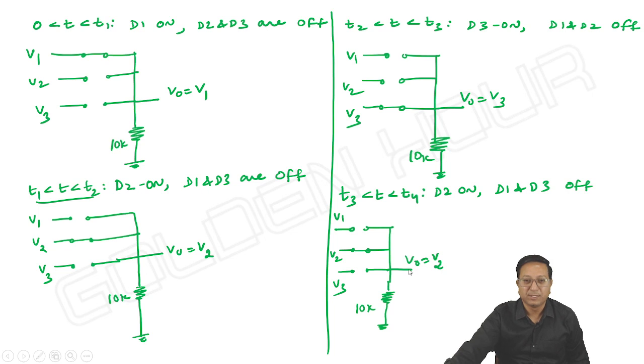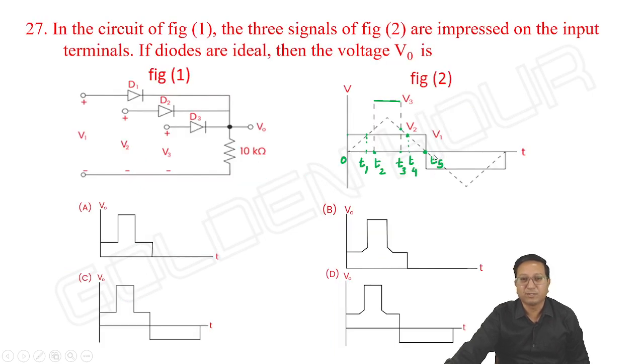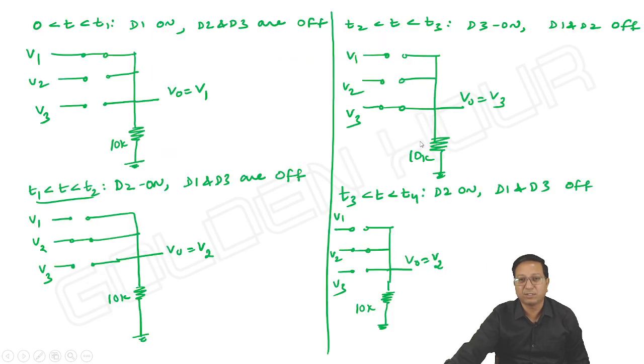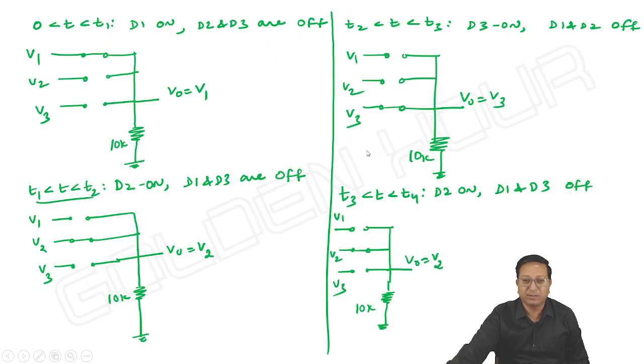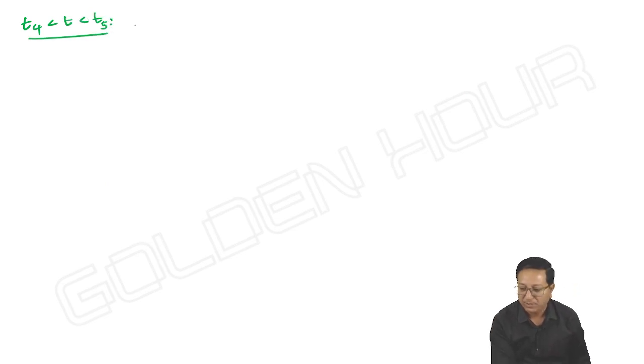And finally, t4 to t5. From t4 to t5, V3 is anyway 0, and V2, in this portion, is less than V1, and hence D1 is on, and the remaining D2 and D3 are off.